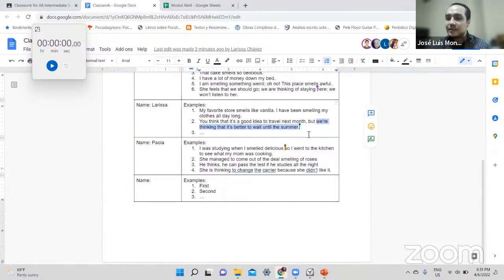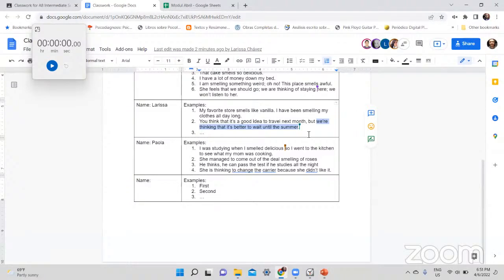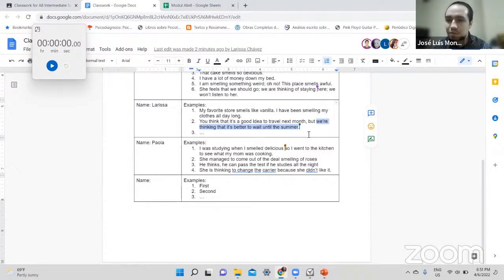Correct. The rule is that you cannot say one verb after think, you have to use the preposition and then the verb with ing. So it's going to be, I'm thinking of traveling now. In that way, you are telling me what's happening in your mind right now.